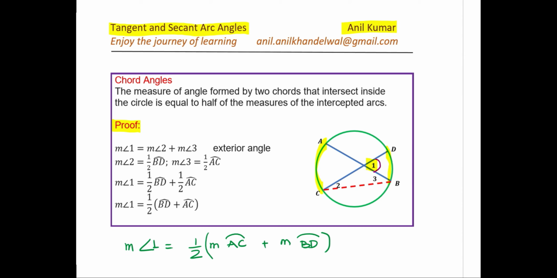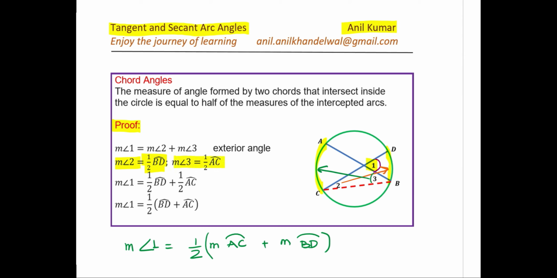If you look from the angle 2 side, the arc which it represents is BD. So angle 2 is half of BD, right? So we write measurement of angle 2 is half of BD. Now if you see from the other angle, which is angle 3, what do you notice? Angle 3 is half of AC.